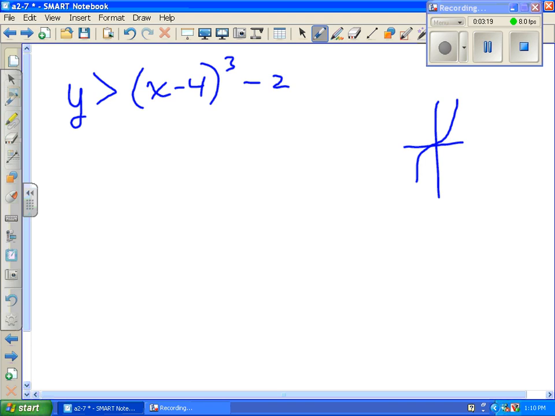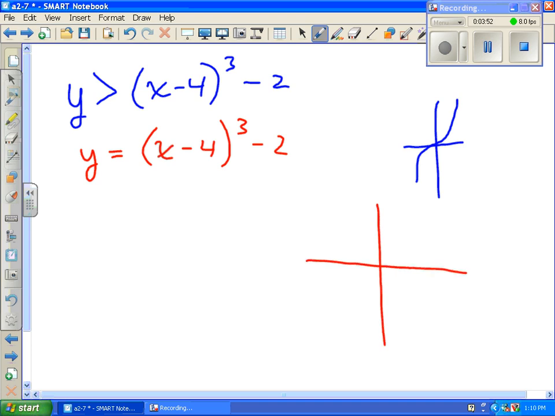Now, how is this shifting that? How is this changing it? Well, we're going to the right 4 spaces, and we're going down 2. So the equation y equals (x minus 4) quantity cubed minus 2 can be sketched out like this.